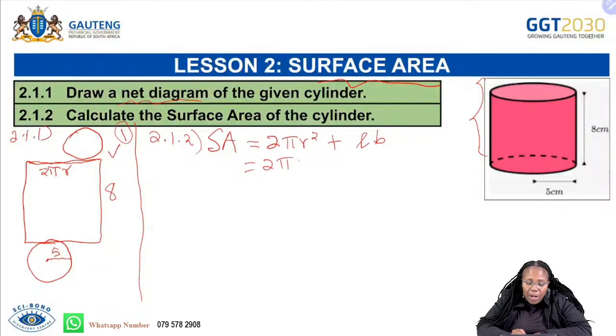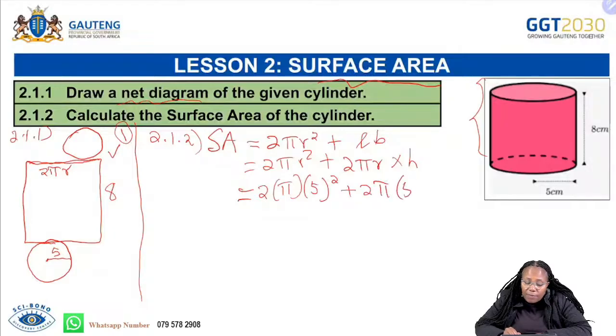And then this is 2 pi r squared, plus the length of this is 2 pi r, which is the circumference cut off, and then multiply by the breadth of this rectangular part. Now let's substitute: 2 into pi with a radius of 5 centimeters squared, plus 2 pi with the same radius of 5, and the height of this container is equal to 8.